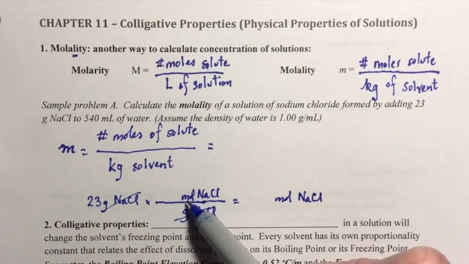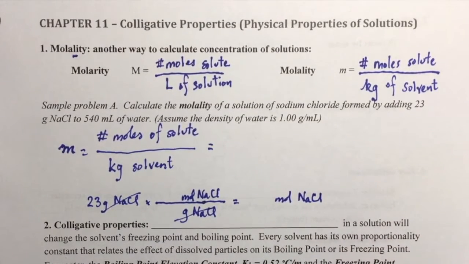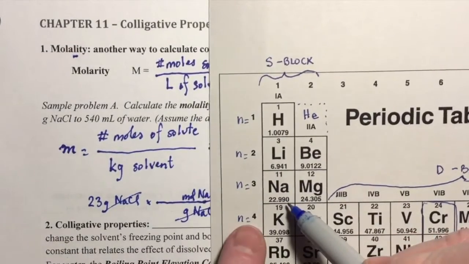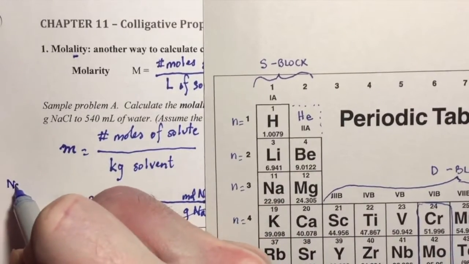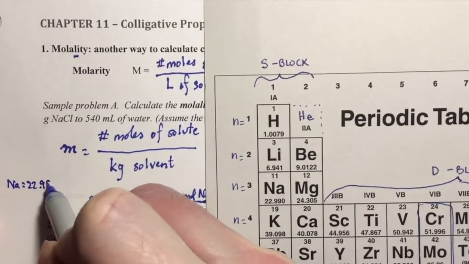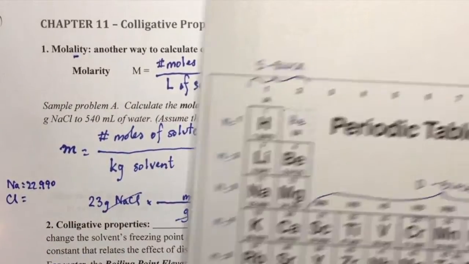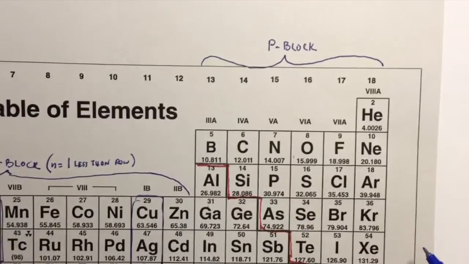Well, to get the molar mass of NaCl, I have to do another side calculation to add up the atomic masses of sodium and chlorine. Sodium is 22.990 grams per mole. And then chlorine is 35.453 grams per mole.